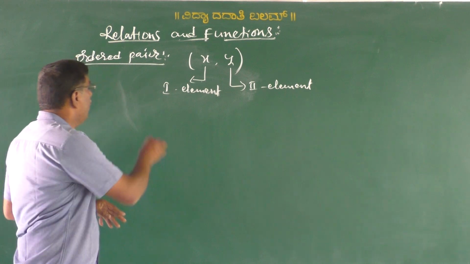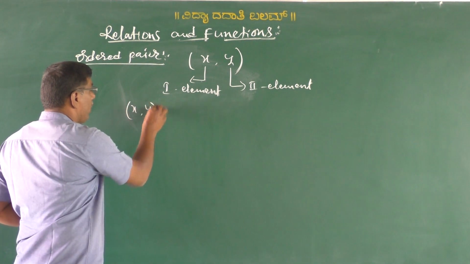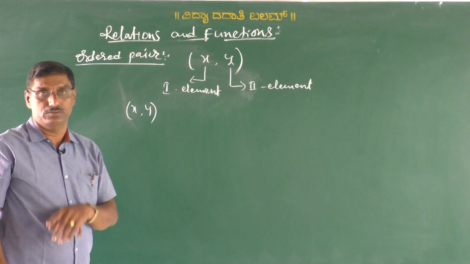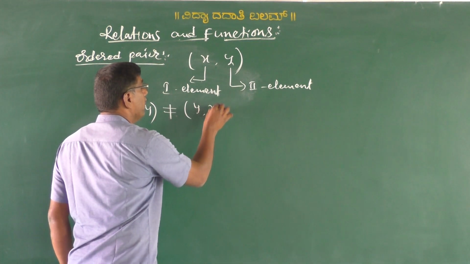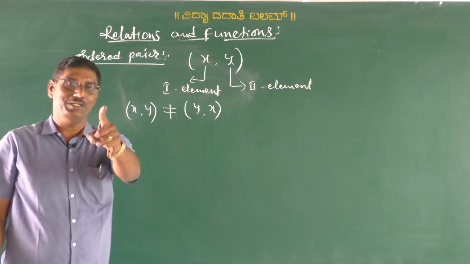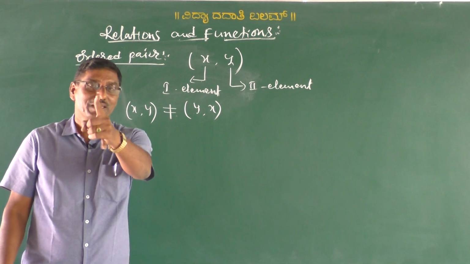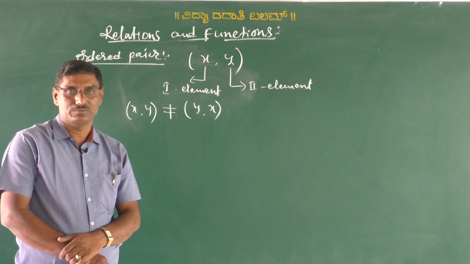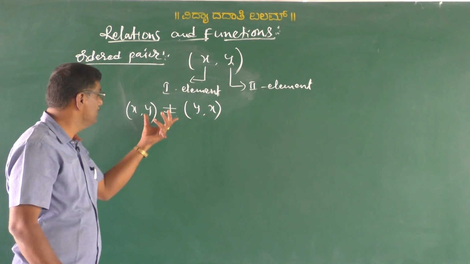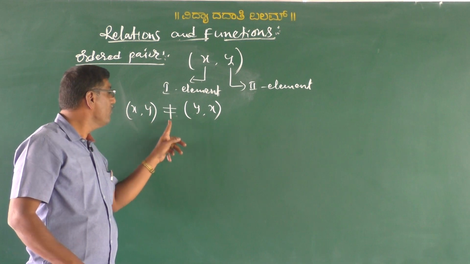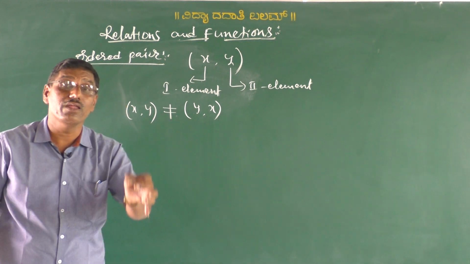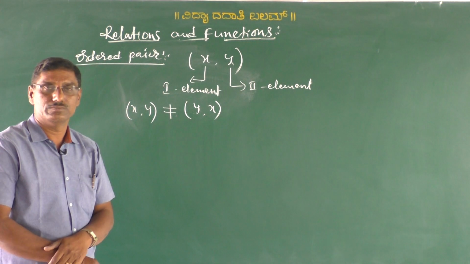That means ordered pair (x, y) is not equal to ordered pair (y, x), unless x is equal to y. Isn't it? That means these two are different. That is, ordered pair (x, y) is not equal to ordered pair (y, x).